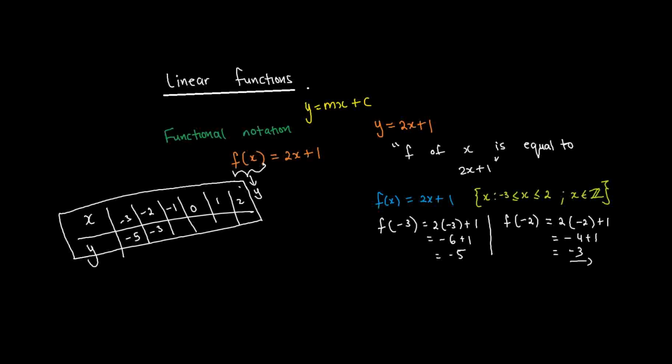And you can do the rest likewise. 2 times -1 is -2 plus 1 is -1. 2 times 0 is 0 plus 1 is 1. 2 times 1 is 2 plus 1 is 3. And then 2 times 2 is 4 plus 1 is 5. Then I can get these coordinates and plot them onto the Cartesian plane.